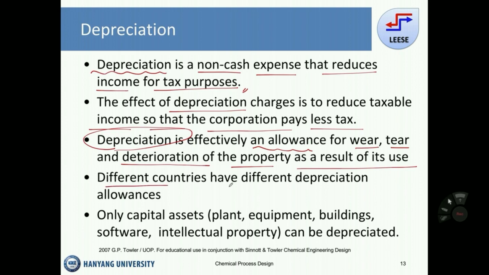So different countries have different depreciation allowances. It's country specific. The tax authority has the rules, but each country has their own rule for depreciation. Only capital assets like a plant, equipment, the building, software, intellectual property can be depreciated.